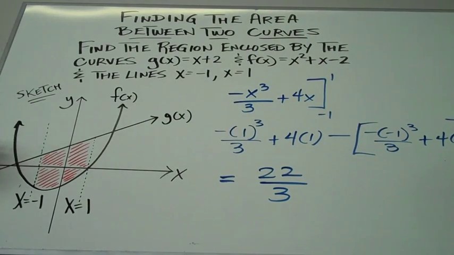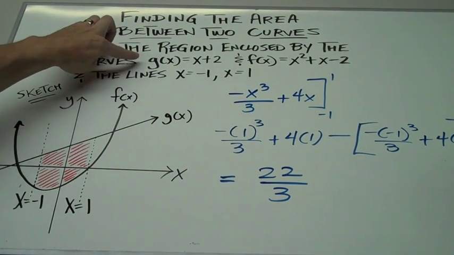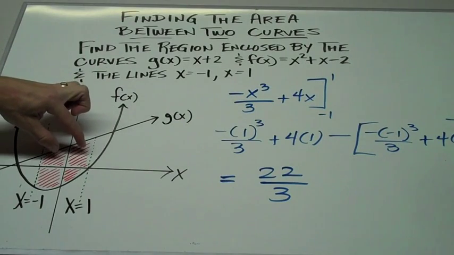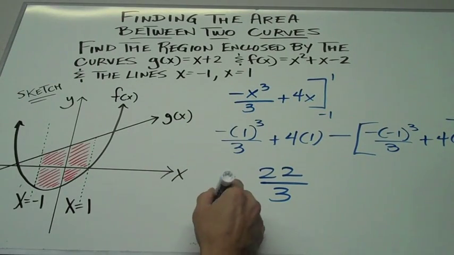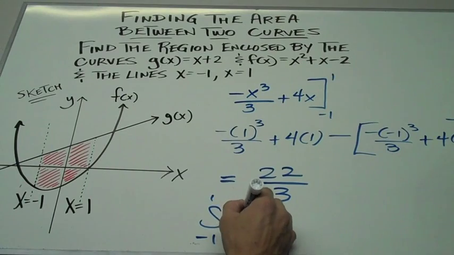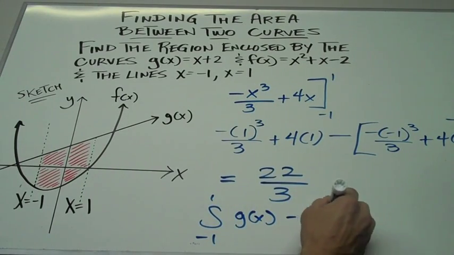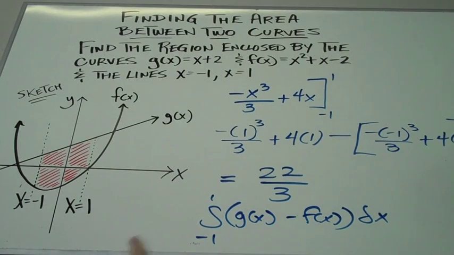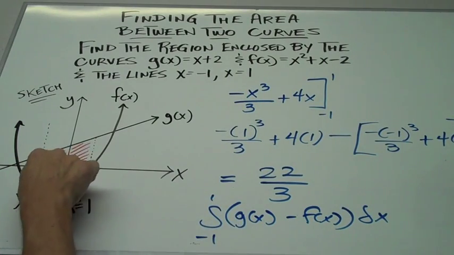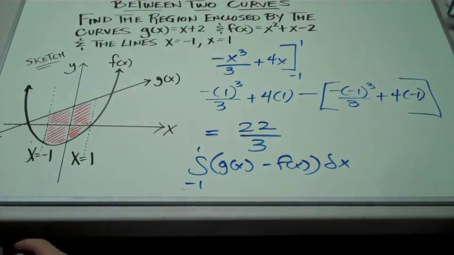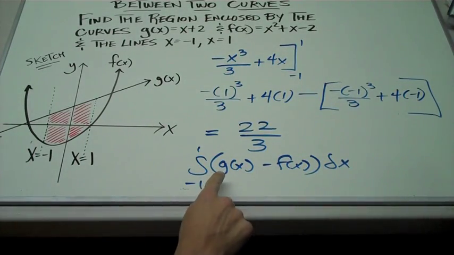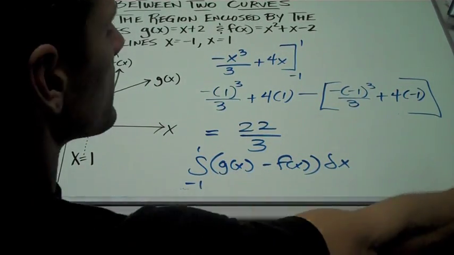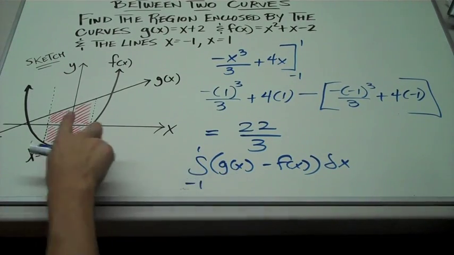Well, look, we've got g of x, and when we find the area under g of x, I get this here. So if I'm integrating from negative 1 to 1 of g of x minus f of x, all with respect to dx, look what we're doing. The area under g of x is right here. Again, why does this work? Well, if we're integrating g of x minus f of x, the area under the curve of g of x is right here.